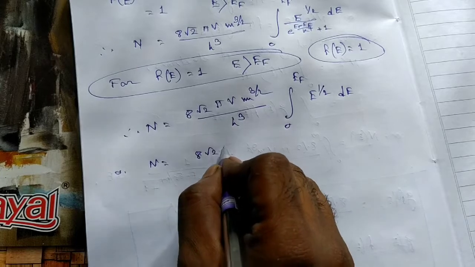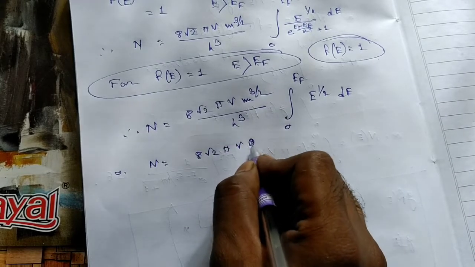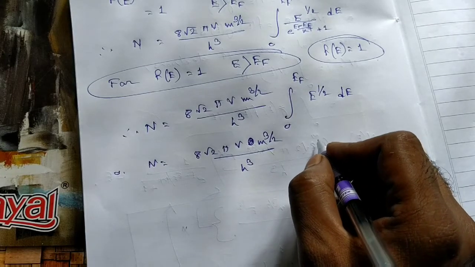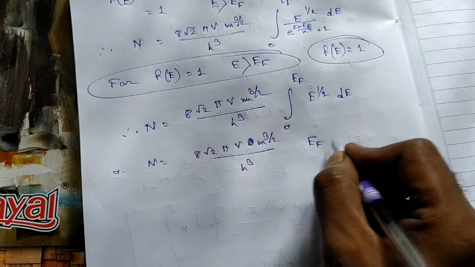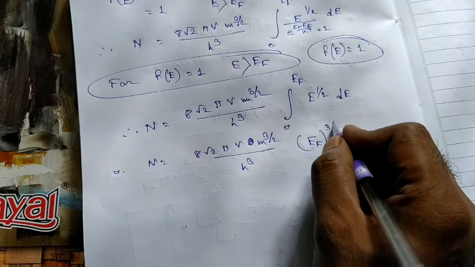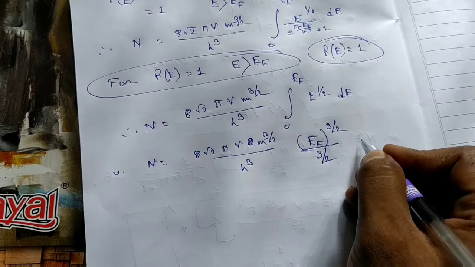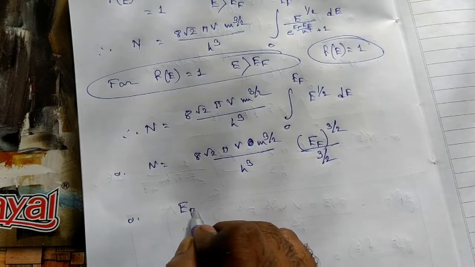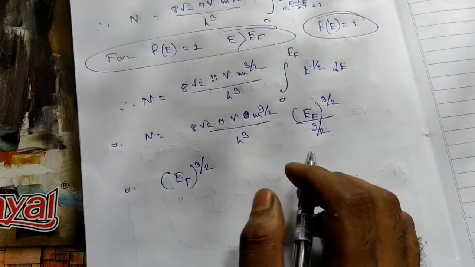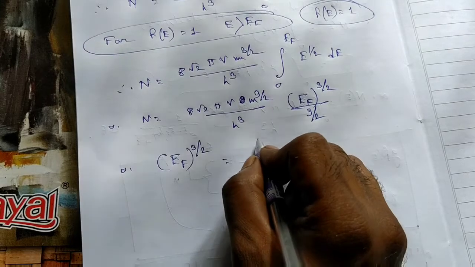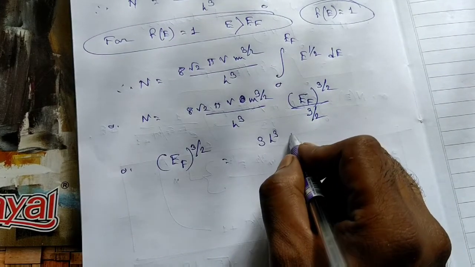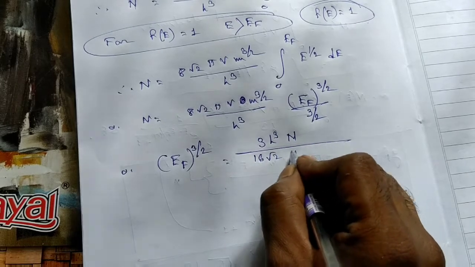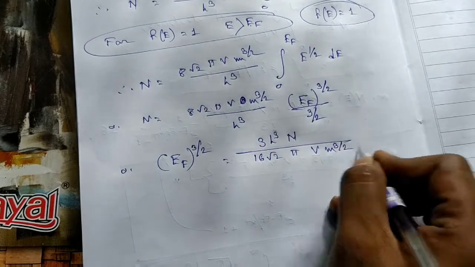N is equal to 8 root 2 pi V m to the power 3 by 2 h cube, EF to the power 3 by 2 by 3 by 2. So EF to the power 3 by 2, just simplify this equation: 3 h cube n by 16 root 2 pi V m to the power 3 by 2.